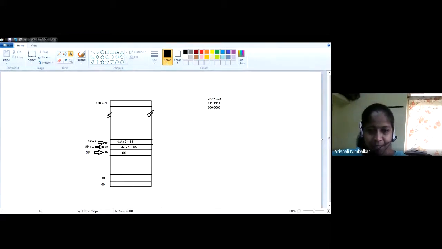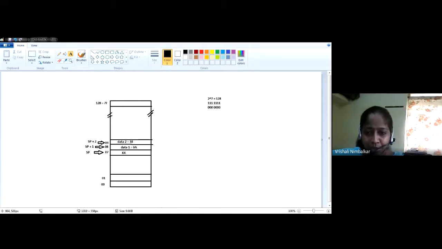Stack memory is a part of read-write memory. What is the last location of read-write memory? 128 bytes means 7F. So stack memory in microcontroller begins at 07 hex and ends at 7F hex. That's the size of stack memory.